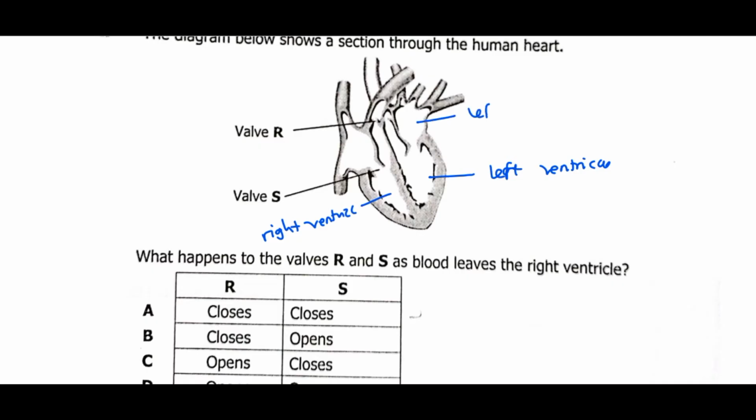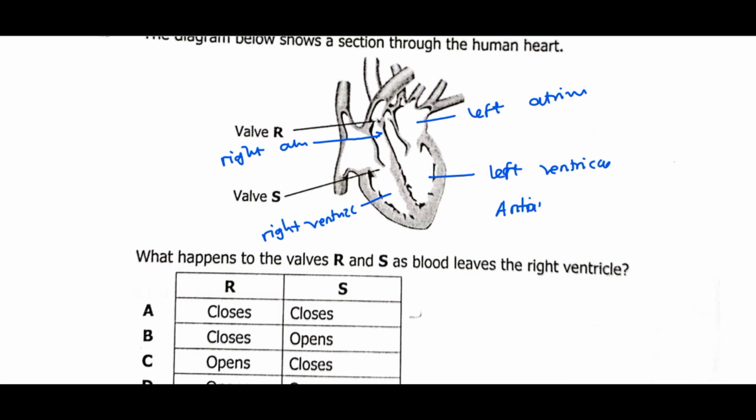Then we have left atrium, right atrium. Now the key point here is these two valves, they work antagonistically. So if one opens, the other one must close.